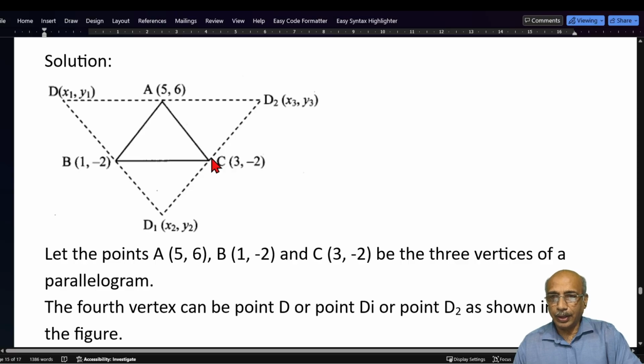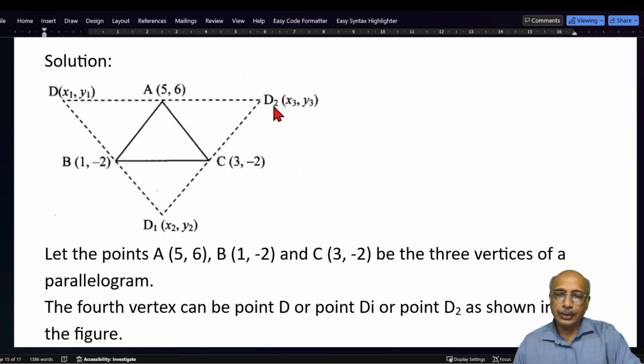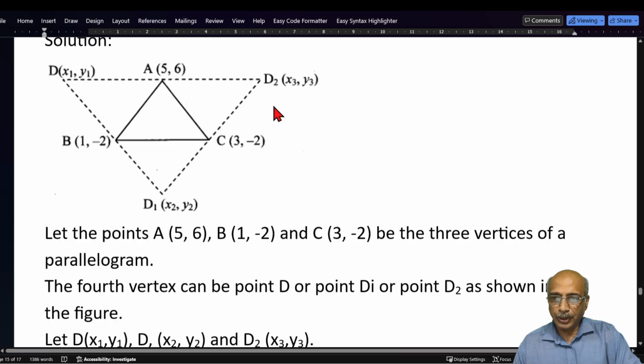Third possibility, if point D is on the AC side, then it will be D2, C, B and A quadrilateral. Got it? So D, D1 and D2 are the three possibilities of the point D by which the vertices A, B and C will make a quadrilateral. I am sure this point is clear.